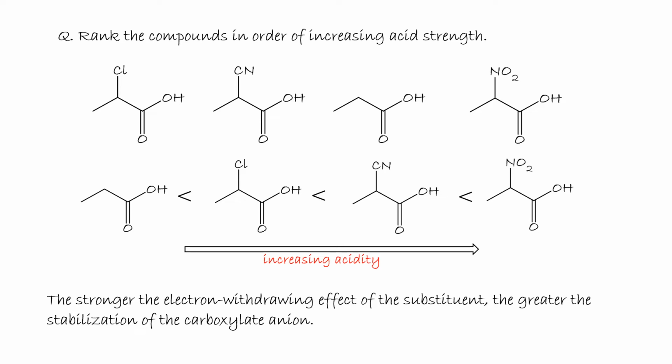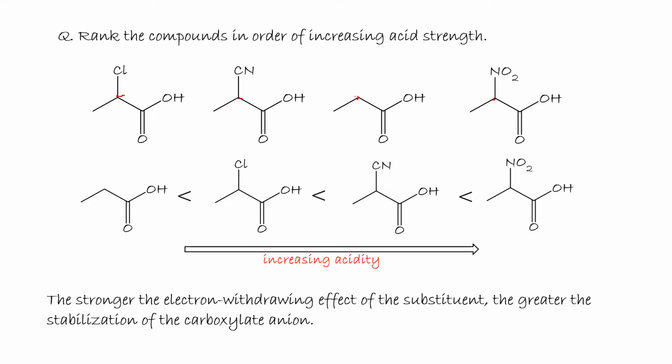Rank the compounds in order of increasing acid strength: alpha chloro, alpha cyano, no substituent, alpha nitro propanoic acids. Well, as we increase the electronegativity of the substituent, we increase the acidity.